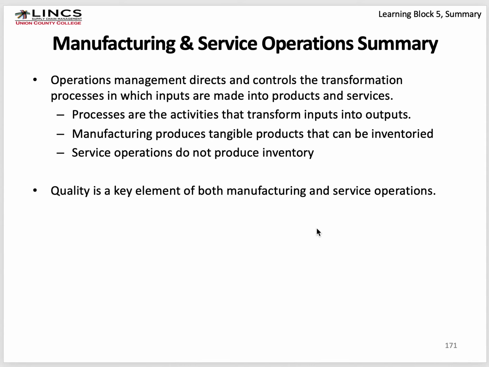Quality is an element of both manufacturing and service processes. We've spent some time on the idea of the bill of materials. So the explosion of that bill of materials will tell you about independent and dependent demand. So we want to forecast the independent demand and then use the recipe, the bill of materials, to define the dependent demand for those products.